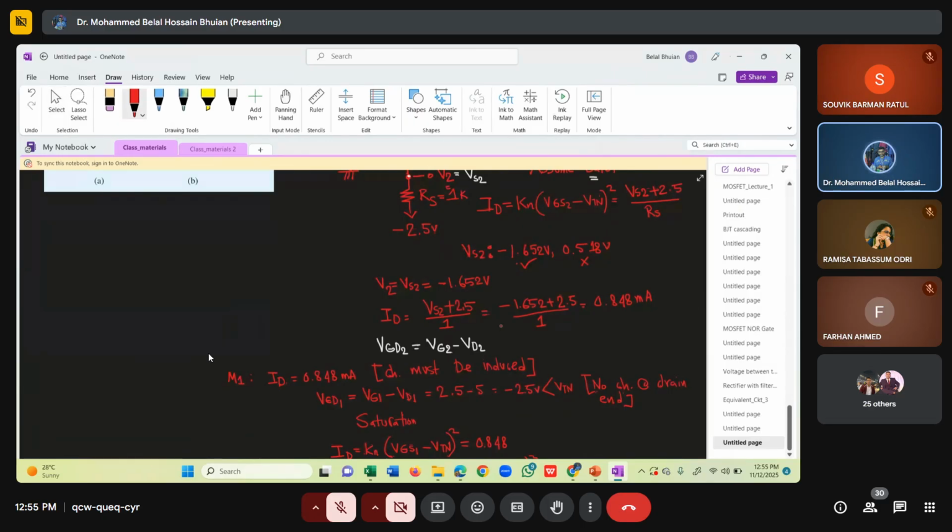Just for justification, what should I do? VG2 is 0 for MOSFET 2 minus 0.848, which is clearly less than VTN. That is, no channel at the drain end, so it's saturation region.